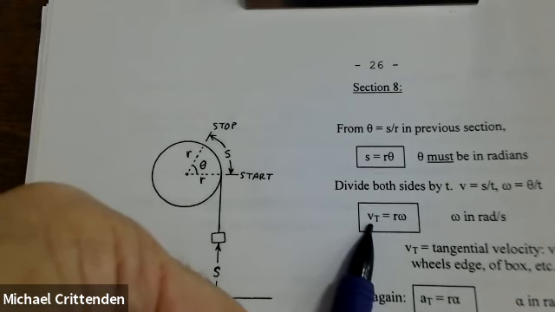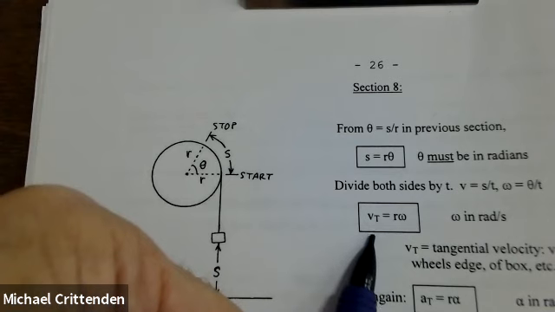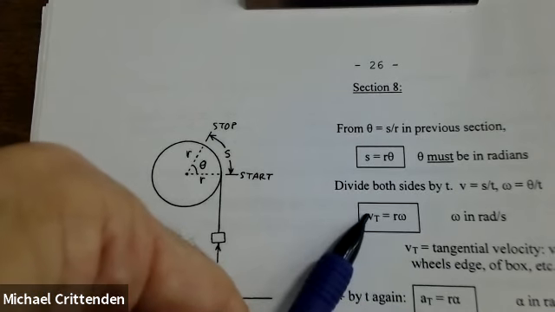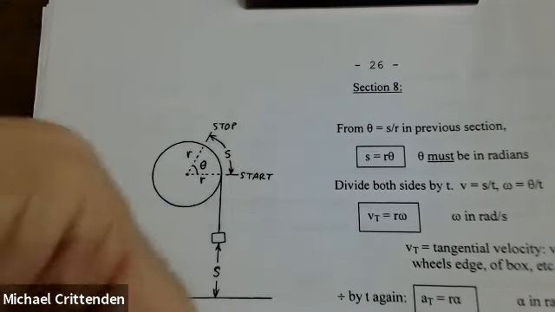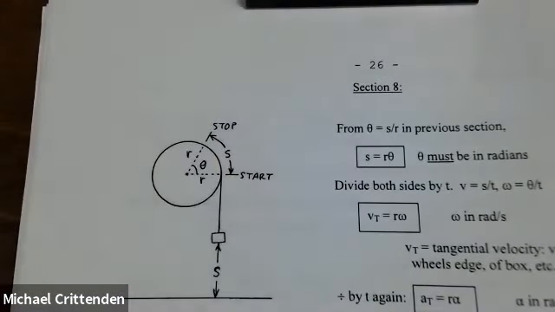The only time you'd get a radial component would be like if you were talking about a satellite on an elliptical orbit or something like that. But this is just the speed of our piece of chewing gum, which is the same as the speed of the box. And one more time, anytime you use one of those, you have to have radians.